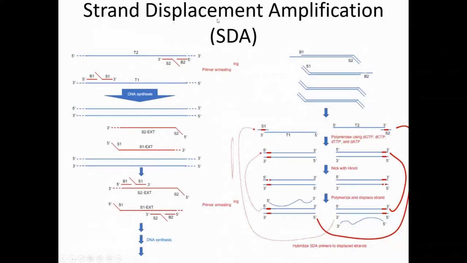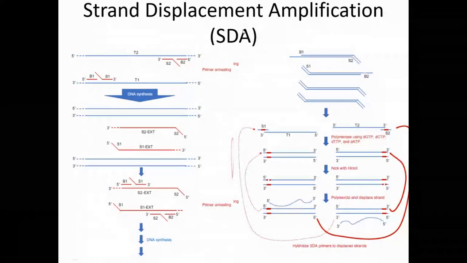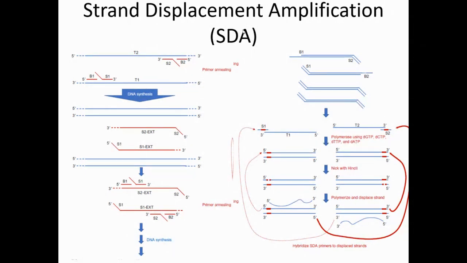And then strand displacement amplification is called SDA. It uses the activity of a restriction endonuclease and also an exonuclease-deficient strand-displacing DNA polymerase to generate copies of a target DNA sequence.